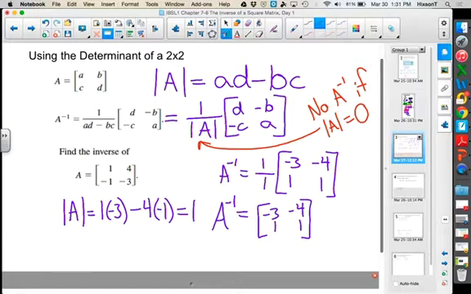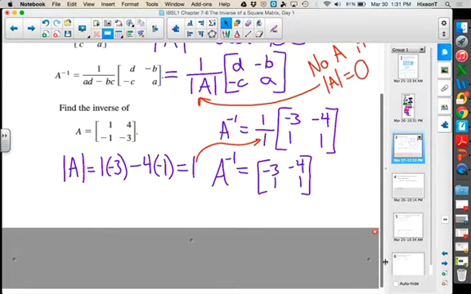So here I multiplied 1 over 1 by the negative 3 and still had negative 3. What about the thing on the left? Oh, that was finding my determinant. That was before I did anything. That's how I got the 1 to go here. Alright. Okay.